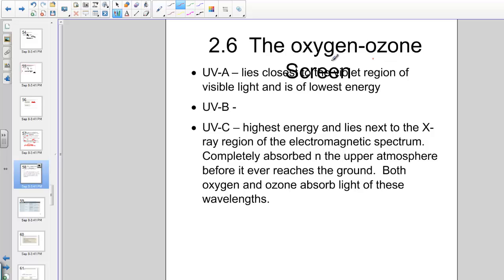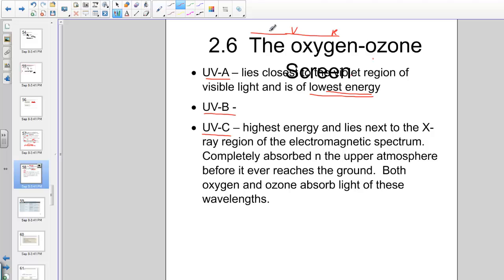It's the oxygen-ozone screen that's protecting us from 3 varieties of ultraviolet radiation: UVA, UVB, and UVC radiation. UVA lies closest to the violet region of visible light. Therefore, it's the lowest energy. Remember on our spectrum, Roy G. Biv?